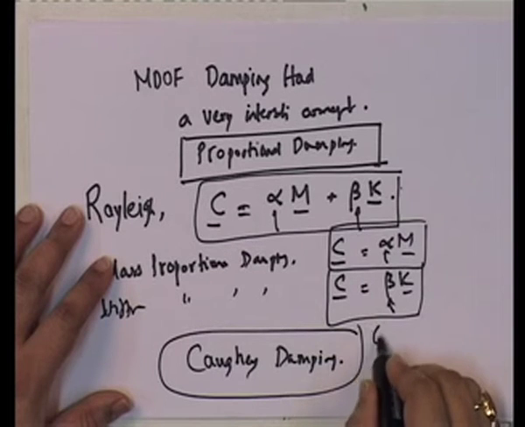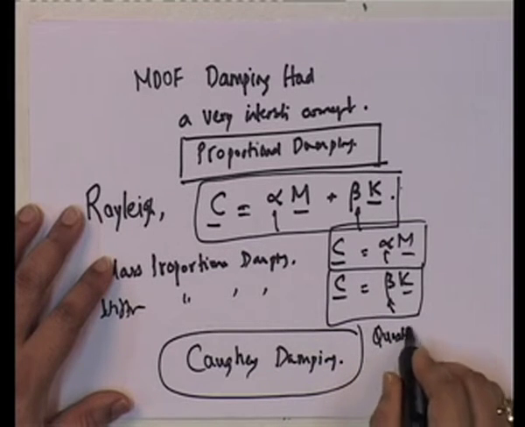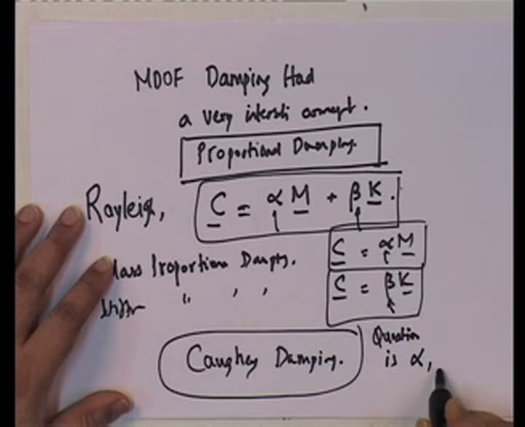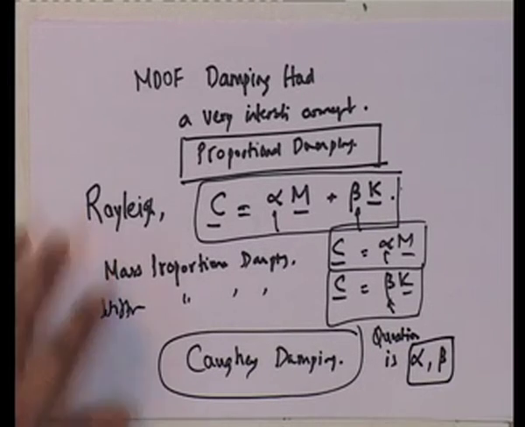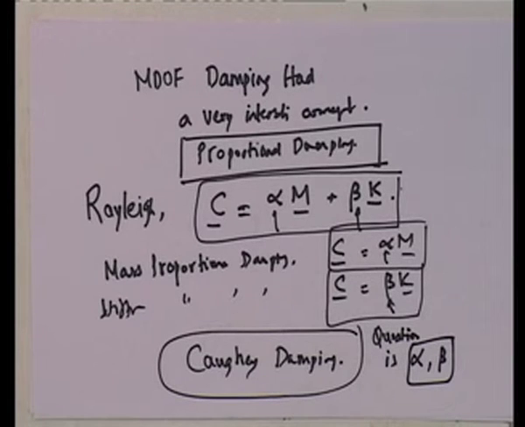In a multi-degree of freedom problem, I am just identifying this, and I will come back to this later, not in the next lecture, to show that getting alpha and beta is easy, provided you define the damping in each mode.